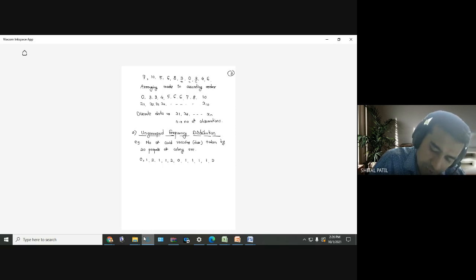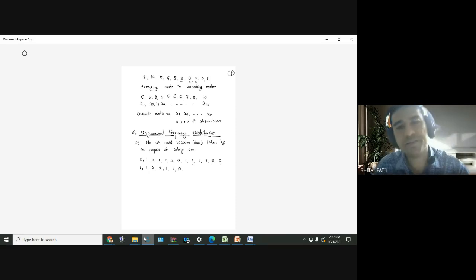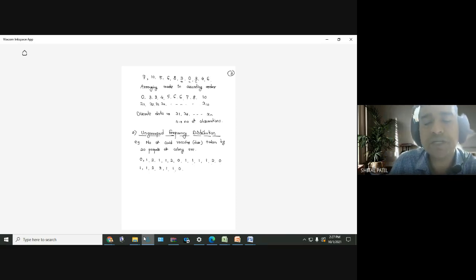You can write your numbers, but it should be maximum 2 and minimum 0. But now see, it is difficult to find any information from here.